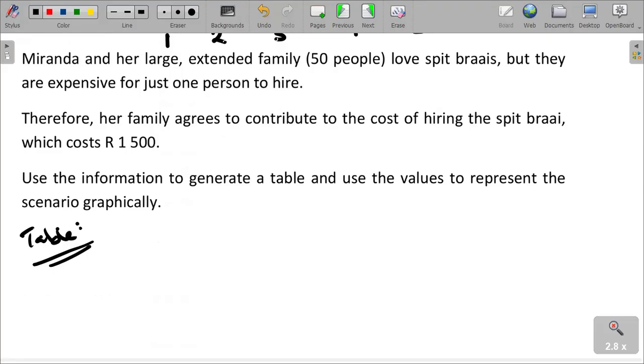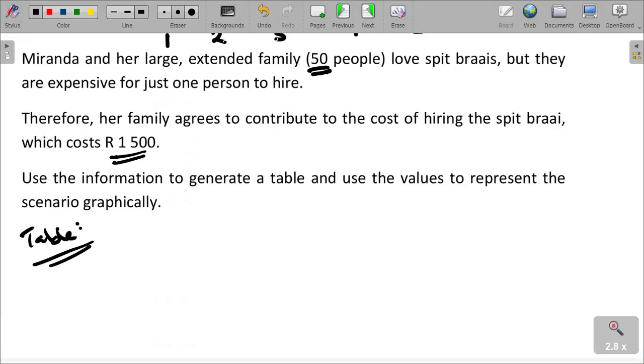In this case, we are told that there are 50 people, which is one thing to take note of, and the cost of hiring is 1,500, which is also given there. So use the information to generate a table and use the values to represent the scenario graphically.